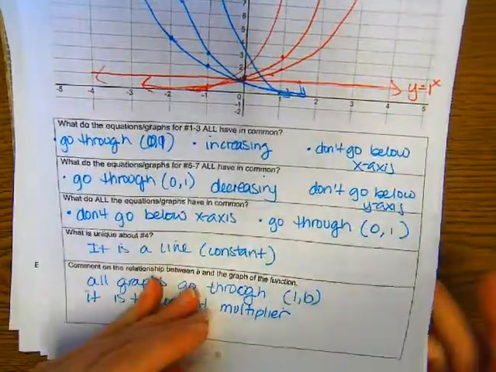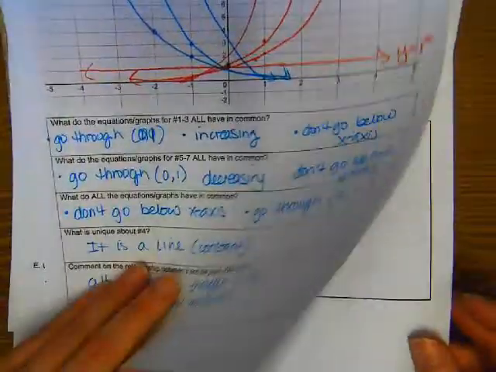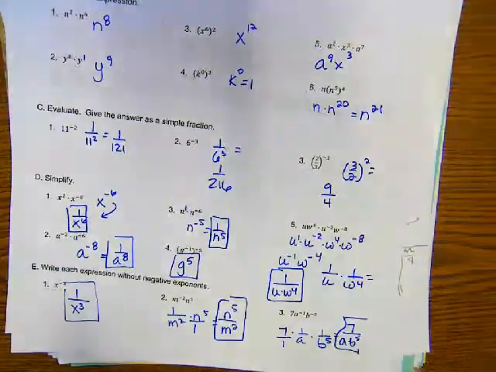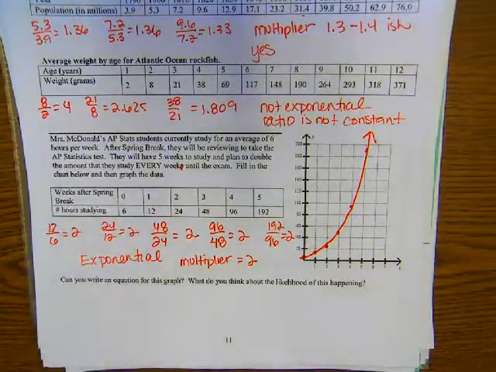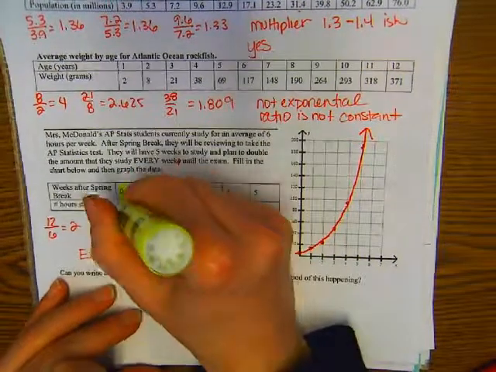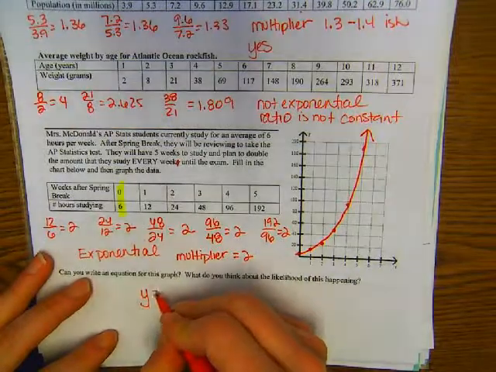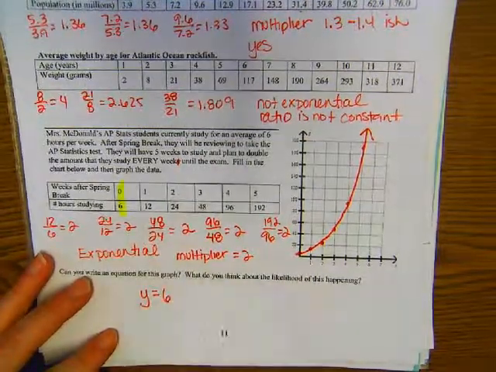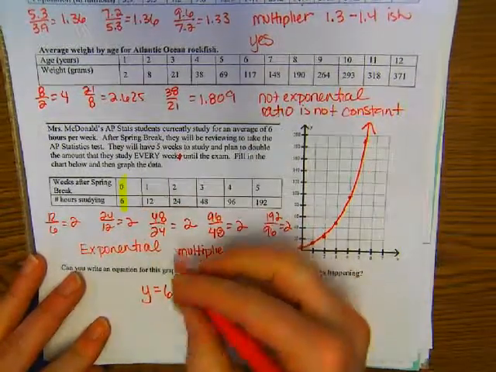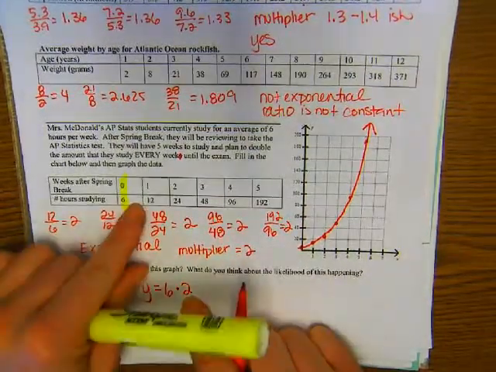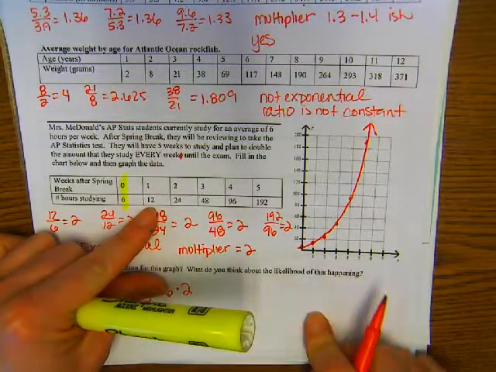So in this problem, where is my starting y value, or my y-intercept? It's right here. It's 6. So how am I getting the y values? Well, y equals, I'm starting at 6, and I'm multiplying by 2 every time. So I did 6 times 2, and then times 2 again, times 2 again, times 2 again, times 2 again.